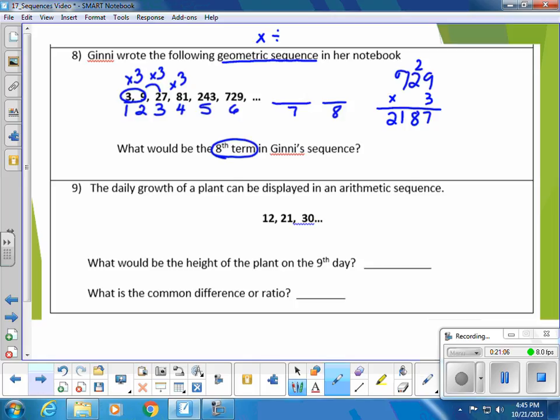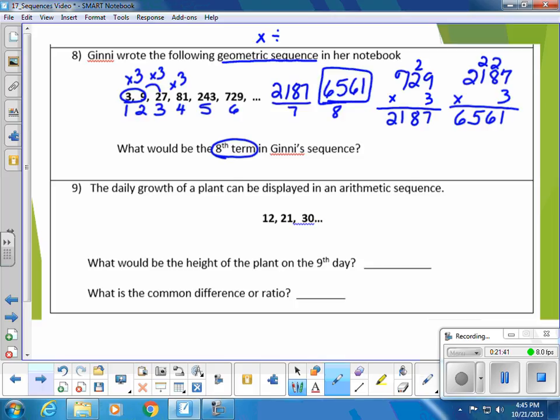Now I have to take that term and multiply it again times 3. 7 times 3 is 21, carry the 2. 3 times 8 is 24, add 2 more, it's 26. 3 times 1 is 3, plus 2 more is 5. And then 3 times 2 is 6. So my final answer is 6,561. So that would be my final answer.